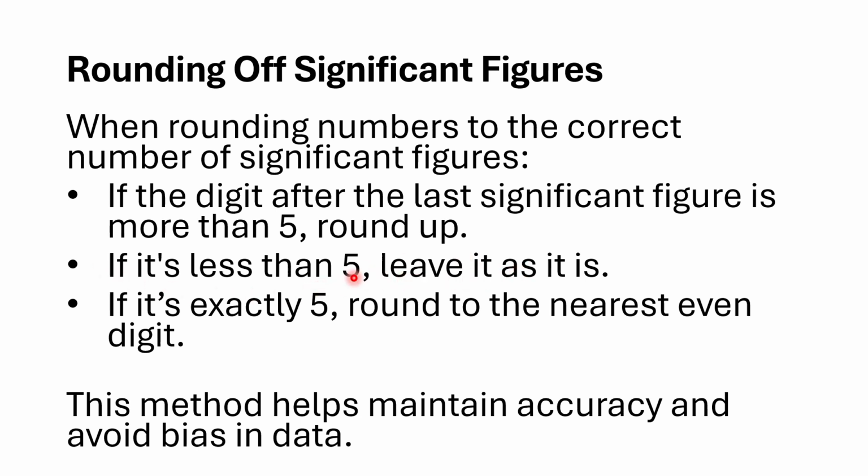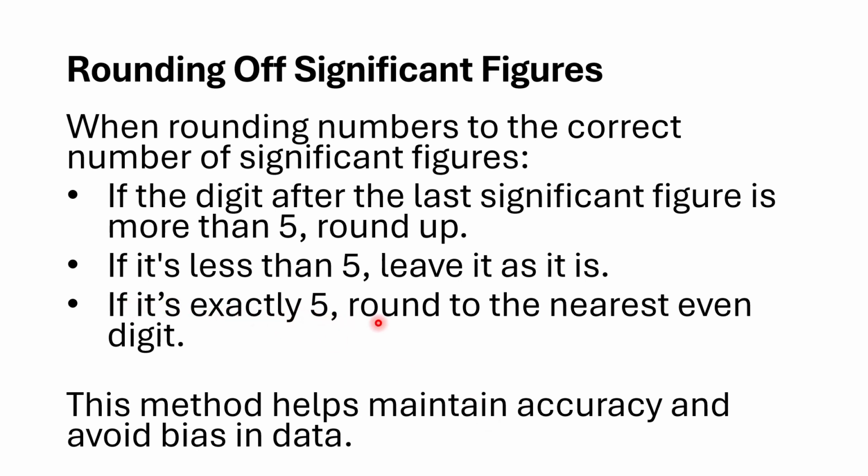So if the figure, taking the same example, is 5, 1, 3 and 3, the last digit is actually less than 5, so leave it as it is. Don't change the 3 to a 2; 3 will be left the same.